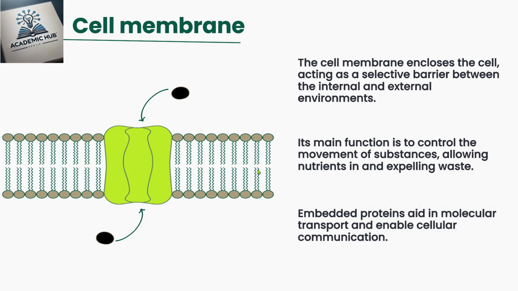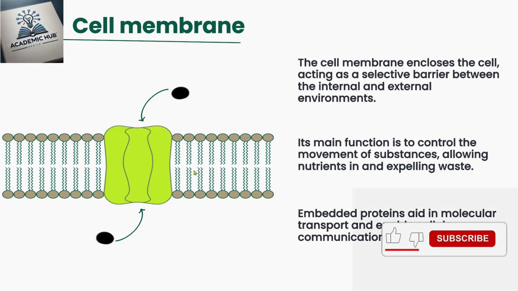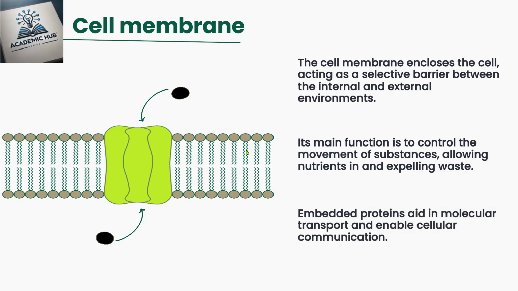If we talk about the structure of the cell membrane, it is known as a phospholipid bilayer. Phospholipid bilayer means it is made up of phospholipids, and bilayer means it has two layers. This is the phospholipid bilayer, and on the outside and inner side there are proteins.